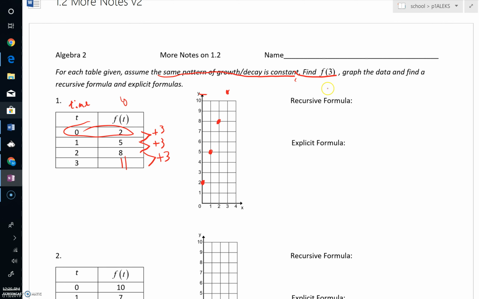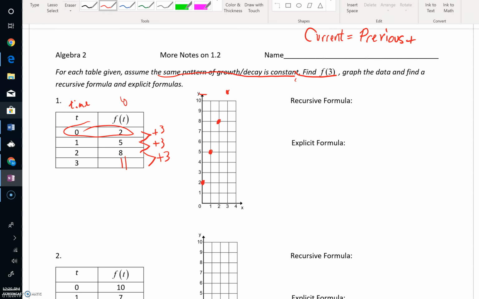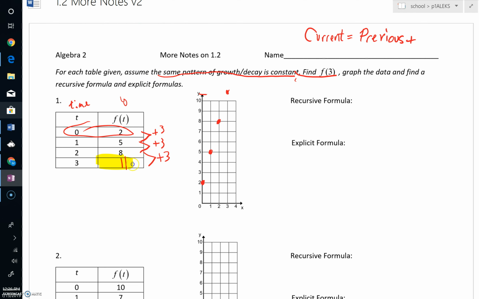The recursive formula says that if you want to find a current term, you have to go to your previous term and do some work to the previous term. For example, when we just found this answer at 11, someone could say, well, add 3. And of course that is true, but the bigger question is, add 3 to what? Well, add 3 to the previous term.